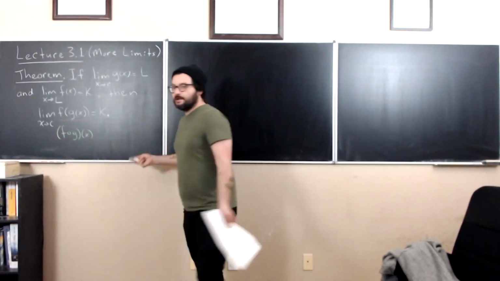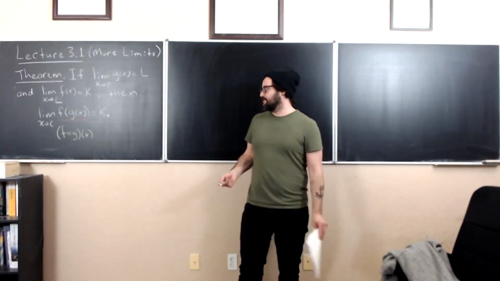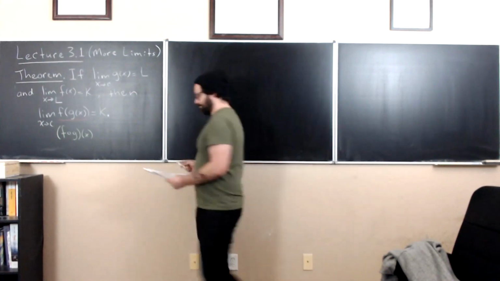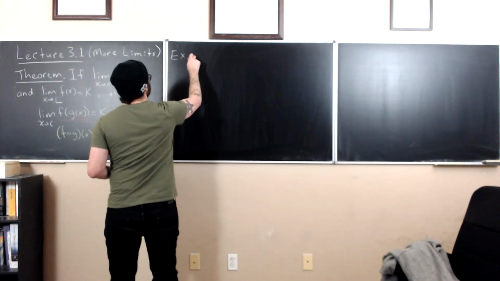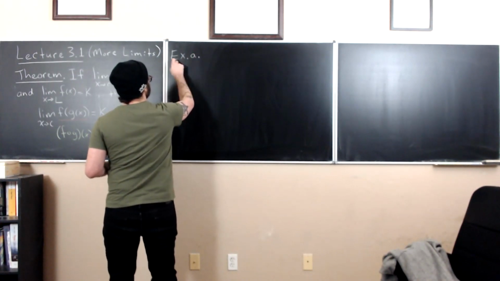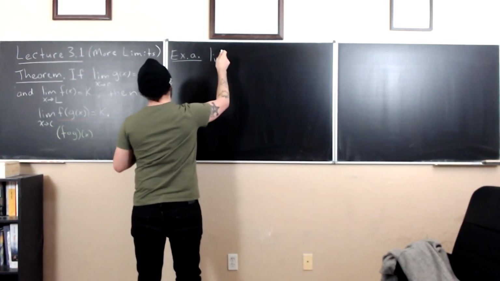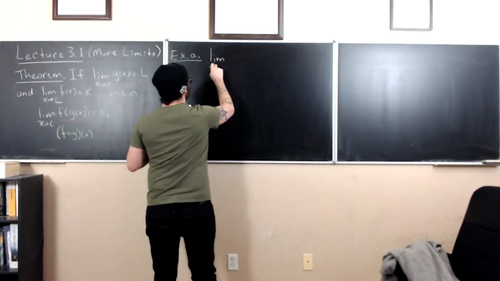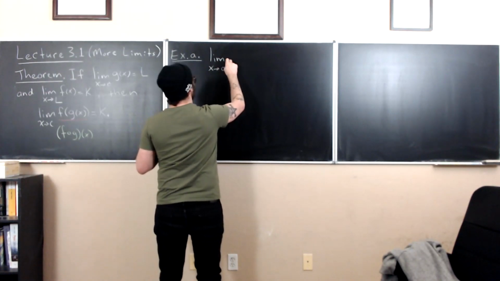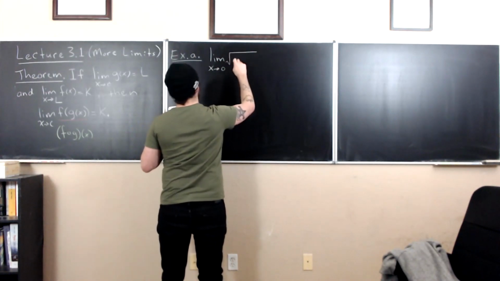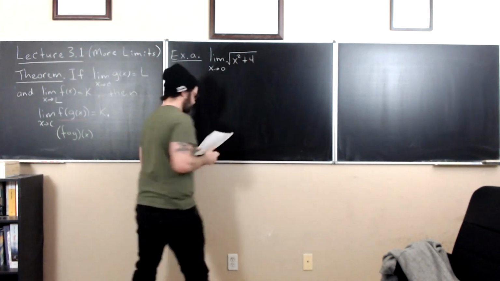But for now, as far as homework and maybe an exam goes, let's just look at how we can use this theorem. Let's look at an example. I have two examples. Maybe we want to look at the limit as x approaches 0 of the square root of x squared plus 4.